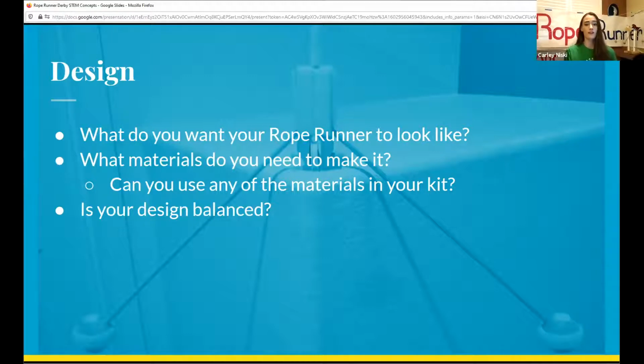So if you wanted, for example, to create a butterfly, we have these big wings spread out to the side. What do you think will happen? It will slow it down. Yes, it will slow it down because it increases the air resistance.